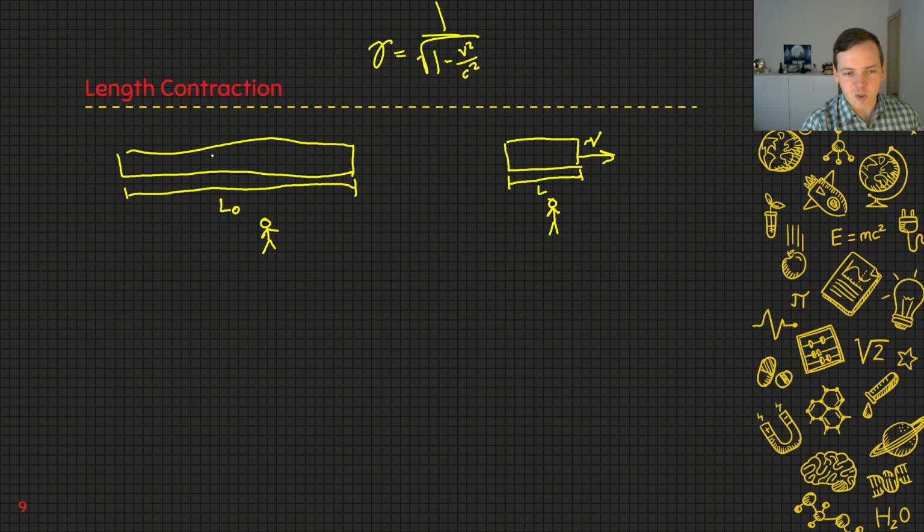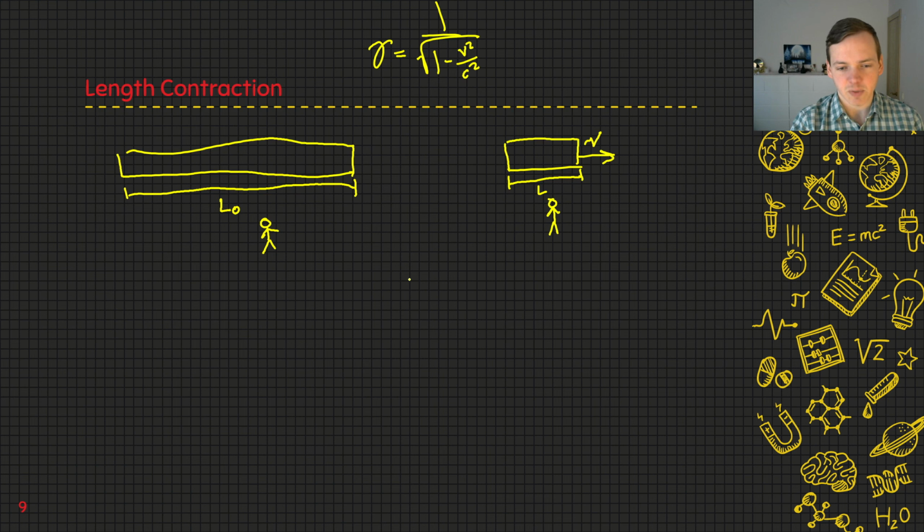So what happens is the train does in fact, for all intents and purposes, from the perspective of the person standing there, if you are in that frame of reference, the train does get shorter. It does get contracted along this direction of motion. It won't get shorter vertically, just in the direction of this velocity.